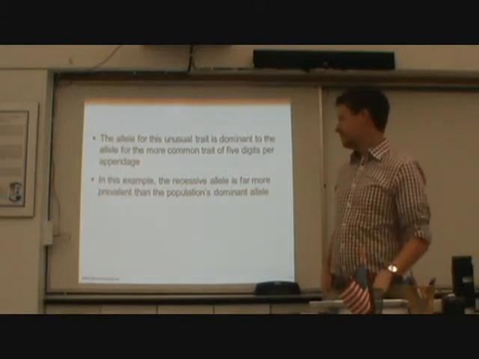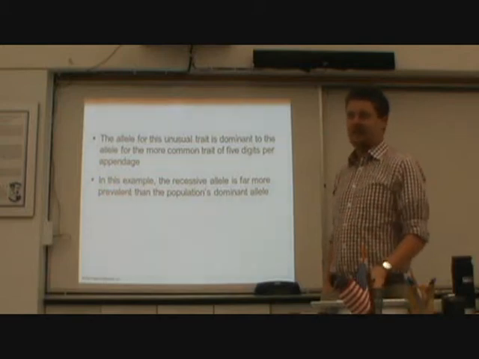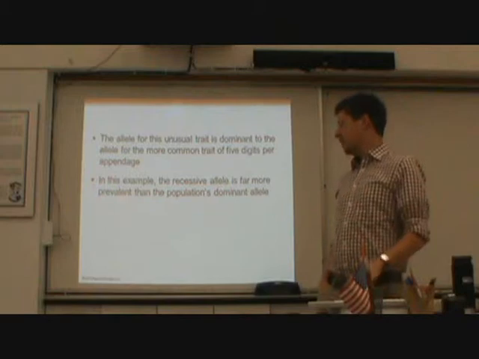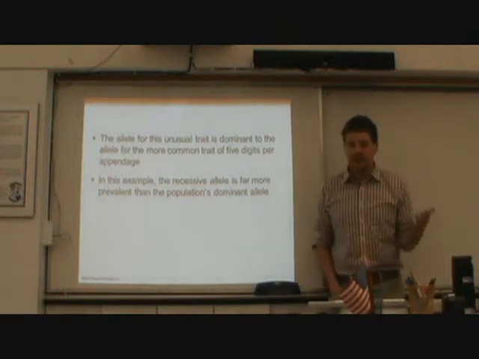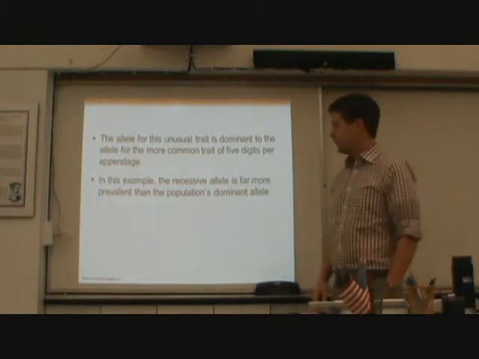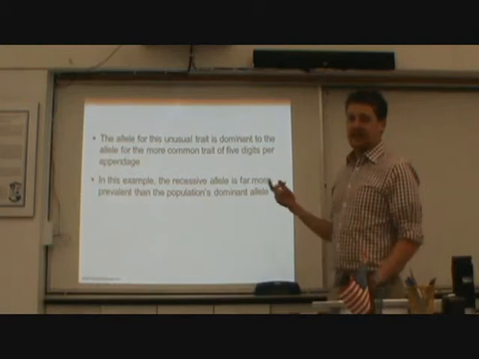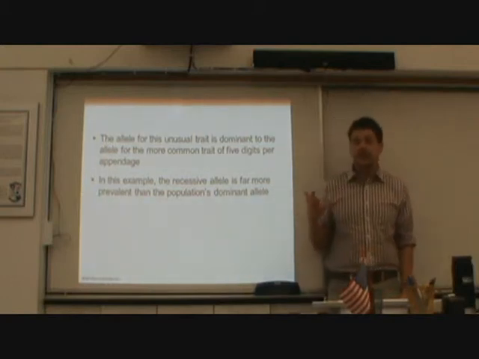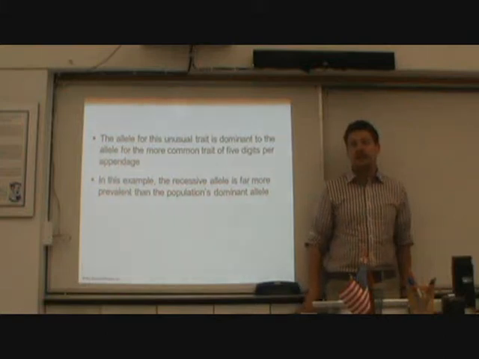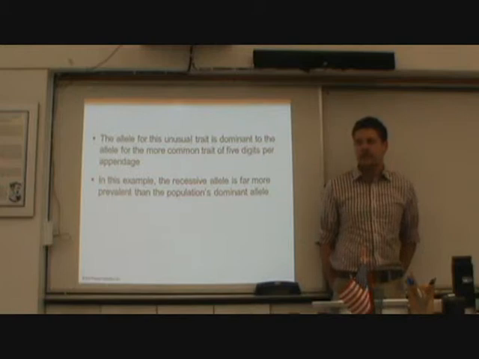But that wasn't the case, and so the frequency of that allele is still much lower than the frequency of the recessive allele, which gives us just 10 fingers and 10 toes. Anyways, that's kind of interesting, and that's kind of a tie-in as well to what we were talking about the other day, the changes in frequency of alleles and natural selection and kind of how that happens.